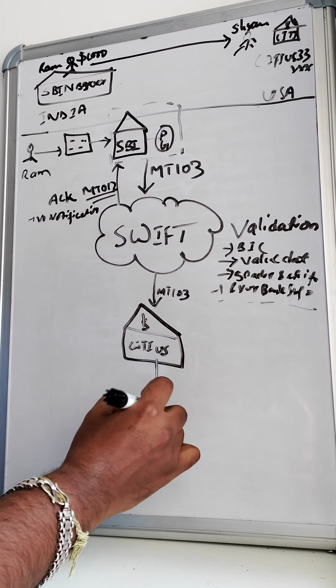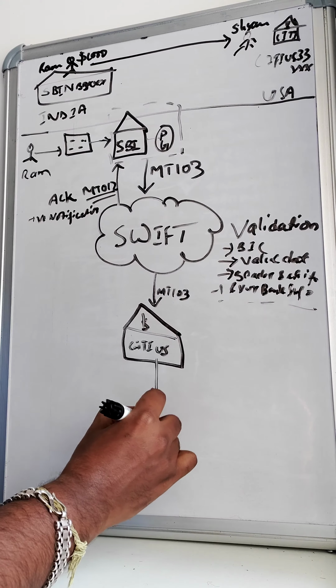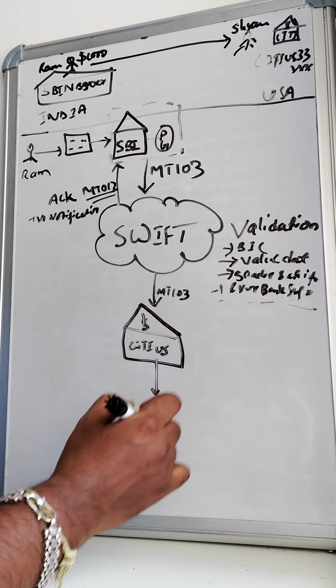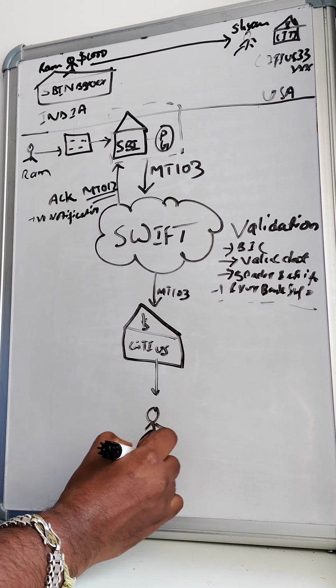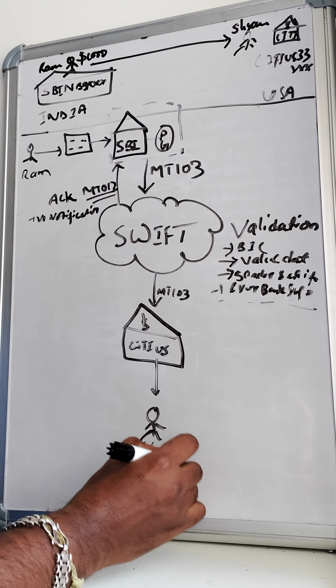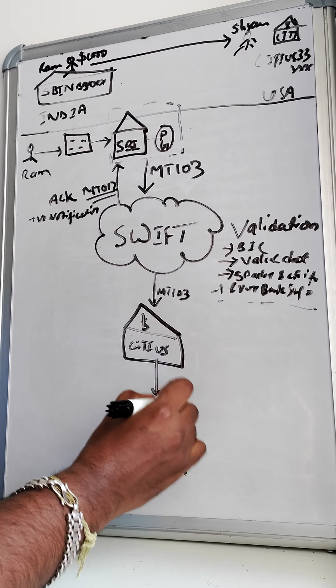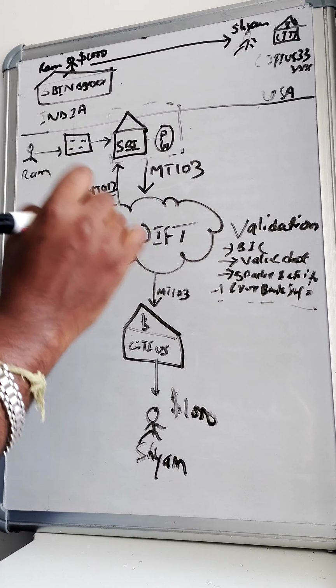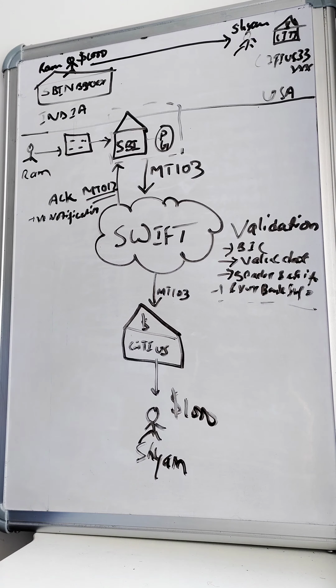City US will finally transfer the fund to the account which is held at City US. That is nothing but Shyam. You will receive $1,000, right? So this is how the flow of payment works.